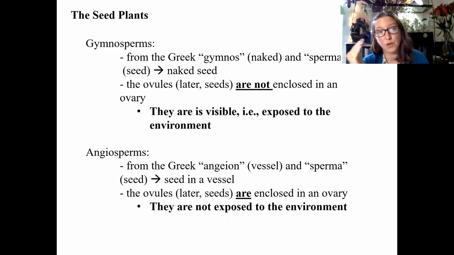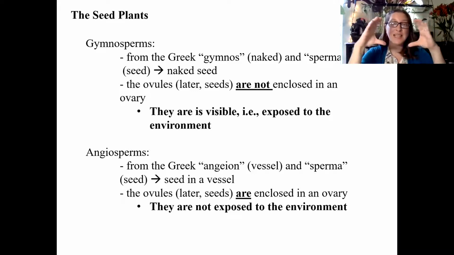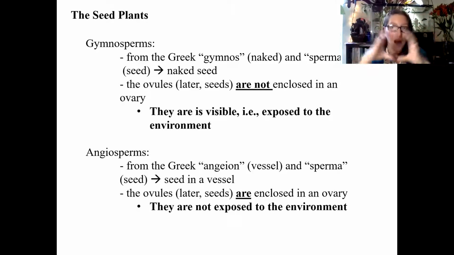But in the angiosperms, which come from the Greek angion, which is vessel, and sperma, which still refers to seed, means seed in a vessel, which also means ovule in a vessel, because an ovule is ovule until it becomes a seed, right? And so the ovules are enclosed in an ovary, and later the seeds will be enclosed in a fruit.